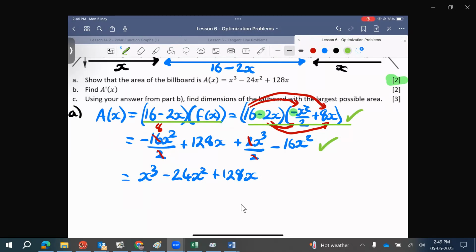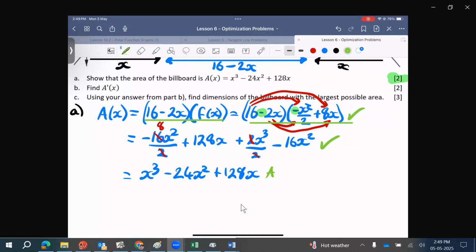So 1 point for setting up the equation, 1 point for showing that it's going to get to the answer. You can't go straight to the answer with this type of question. This is typically the answer given, which must be included as you finish. Okay, B.